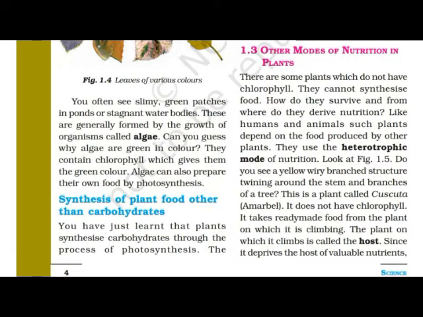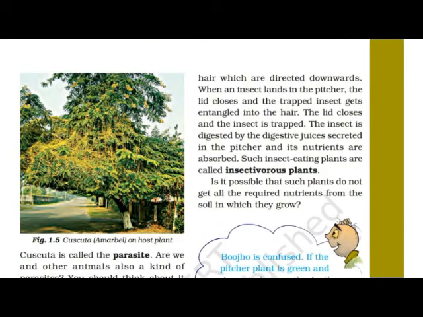The big green tree they have shown in figure 1.5 contains all the things that they require, but the cuscuta, the yellow tubular plant, has to depend on that big tree, and due to that, cuscuta is also known as parasite. So here you can prepare the definition for parasite, as we have prepared for the host.